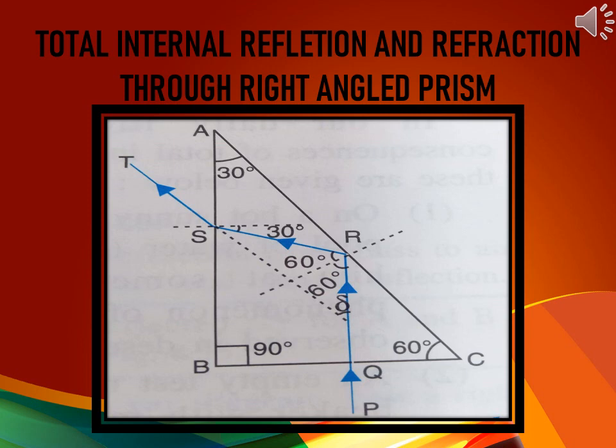So, the ray RS is refracted from glass to air as ST with an angle of refraction greater than 90 degree. Thus, the emergent ray ST has turned through an angle of deviation which is less than 60 degree from the direction of incident ray PQ.